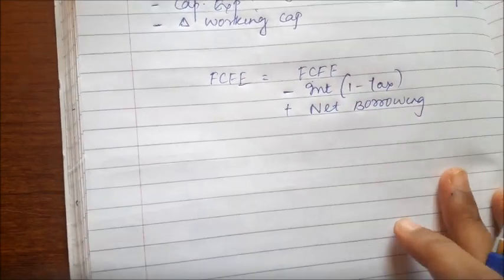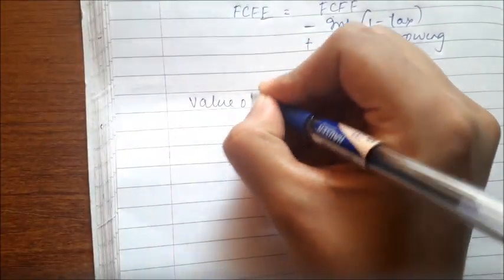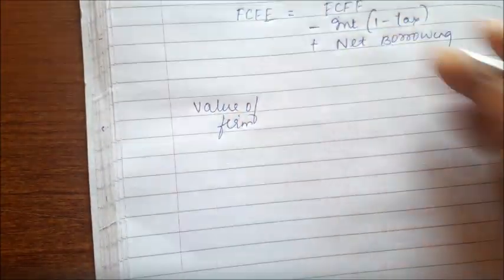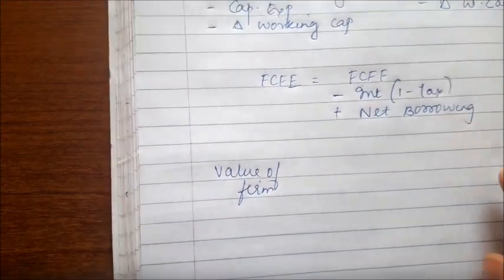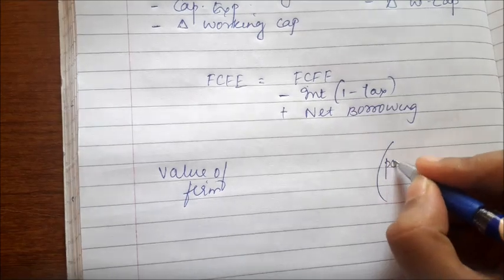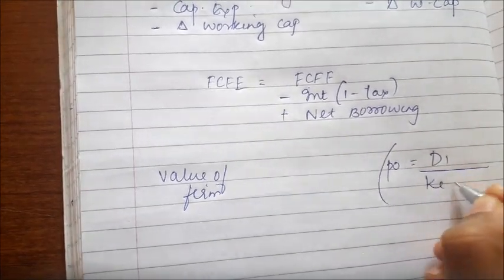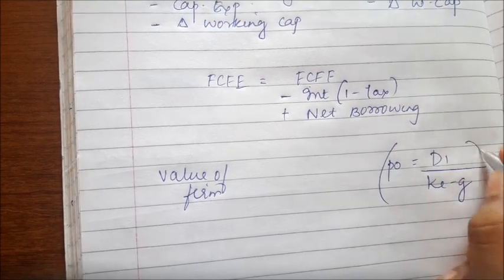Later we studied the value of firm. We know Gordon's growth model, which means price of share equals dividend D1 upon Ke minus g. This is the formula given by Gordon.